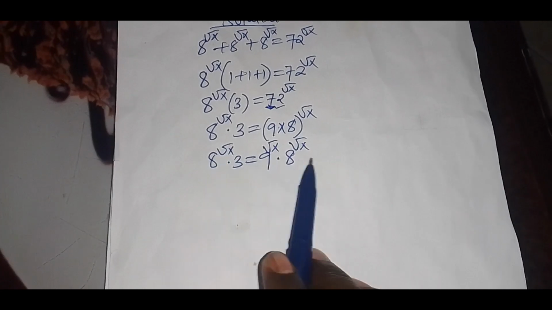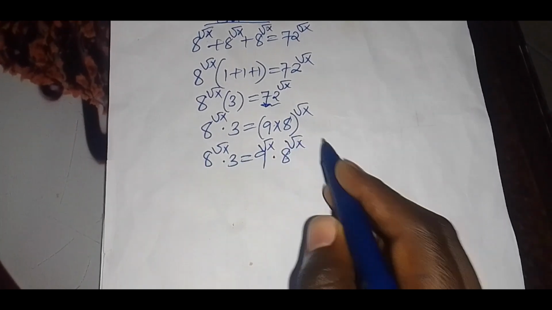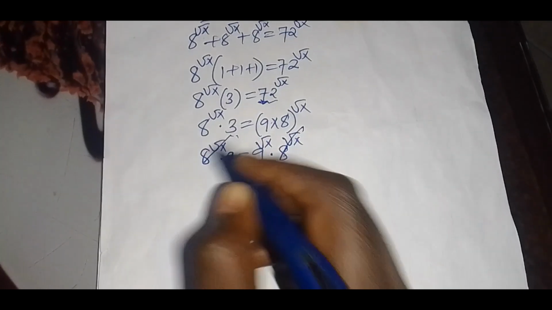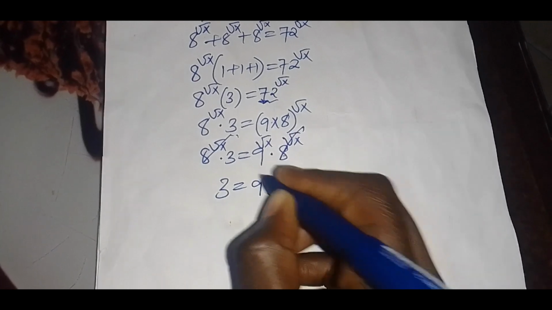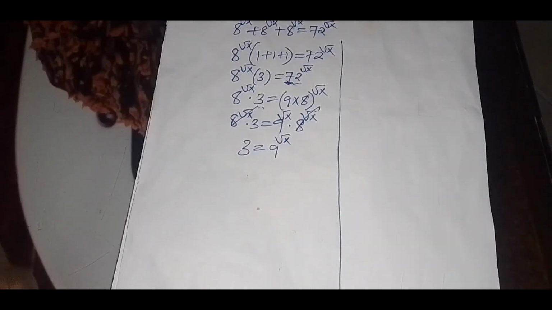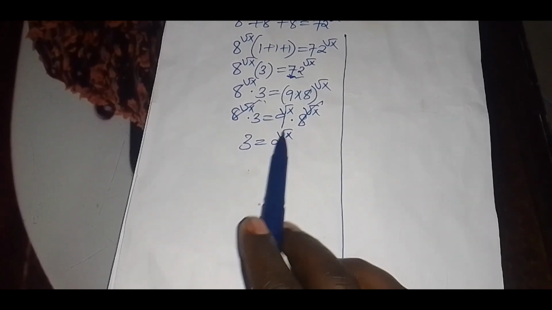So 8 raised to power root x is equal to 8 raised to power root x on the other side. You simplify so that we'll have 3 is equal to 9 raised to power root x.